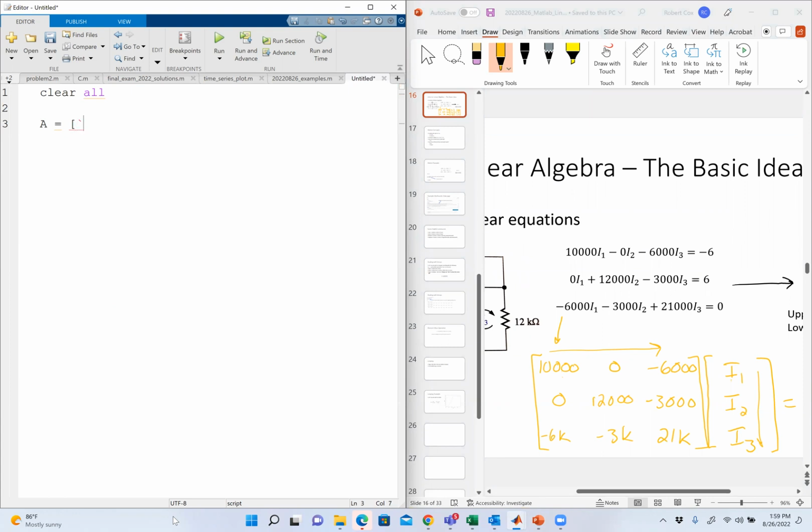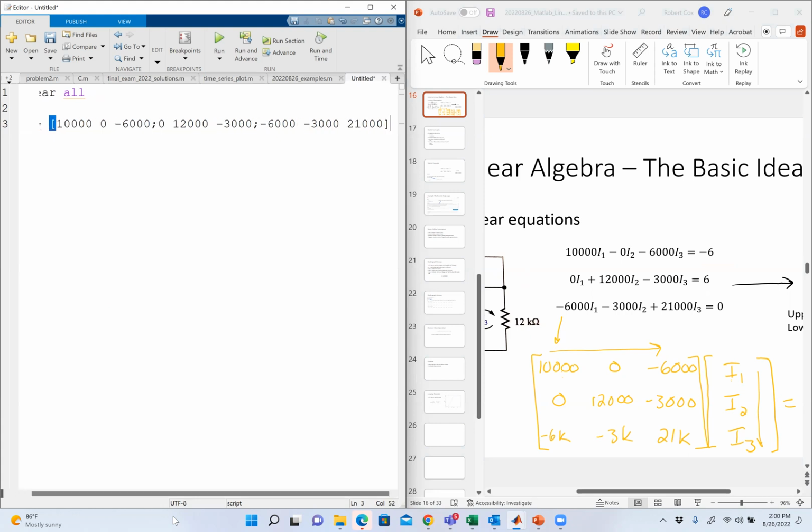First row: 10,000, 0, negative 6,000. To get to another row, a semicolon, then 0, 12,000, negative 3,000, then negative 6,000, negative 3,000, 21,000. And boom, I'm done.